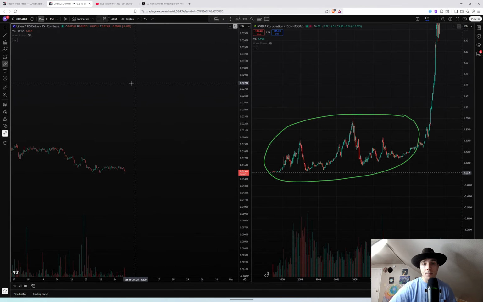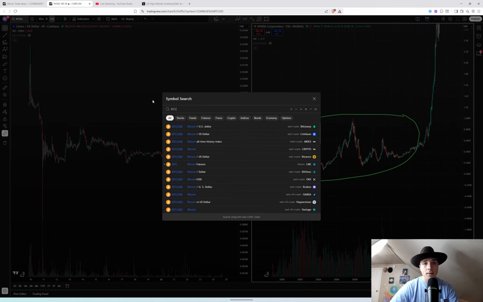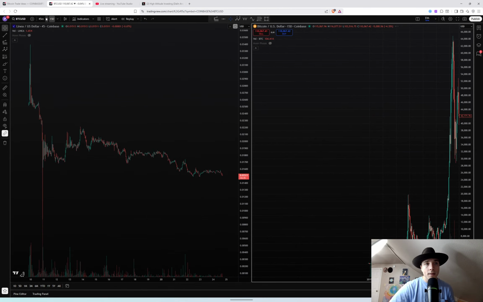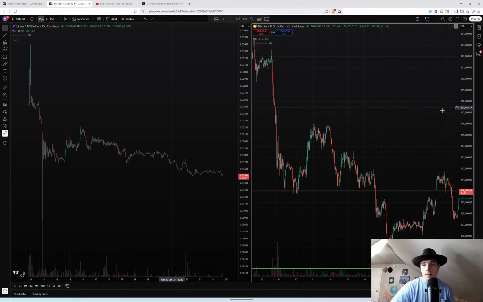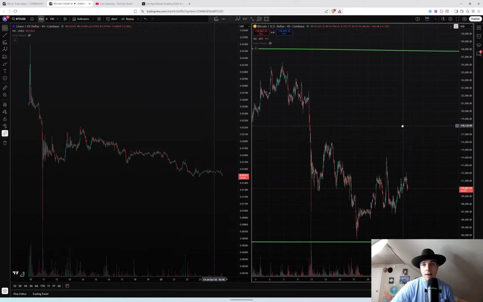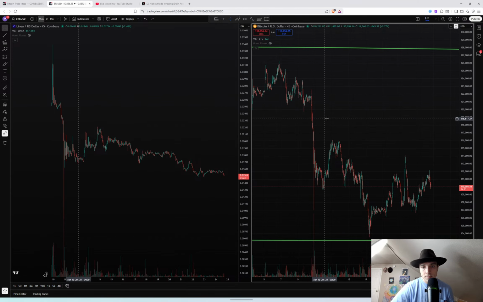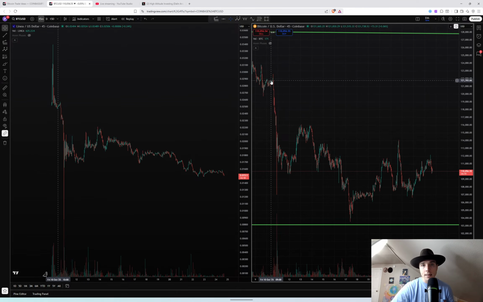If we look at it compared to Bitcoin, if we pull up Bitcoin here and compare recent price action on the 45-minute, the 10th is right here on Bitcoin, and here's the 10th on Linea.